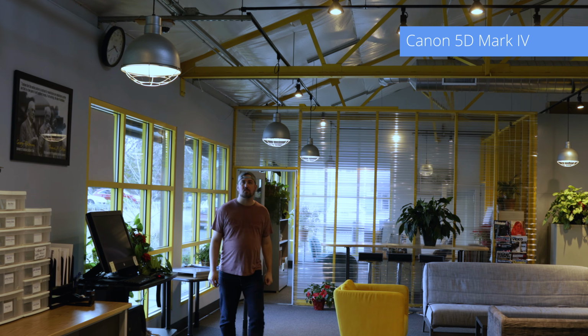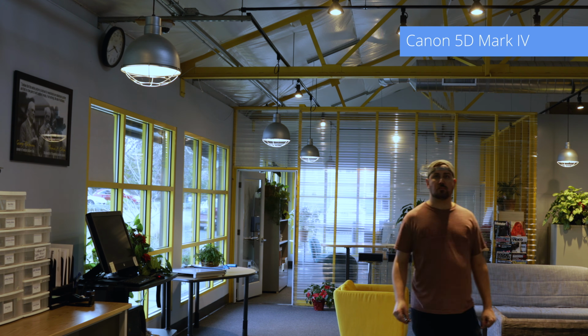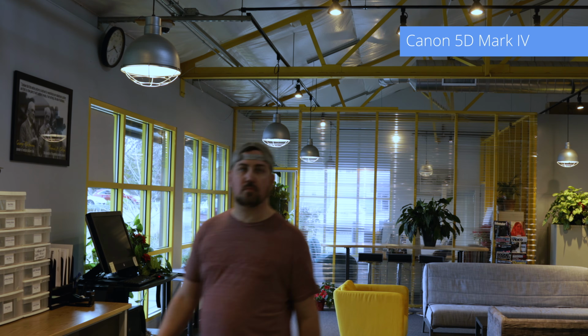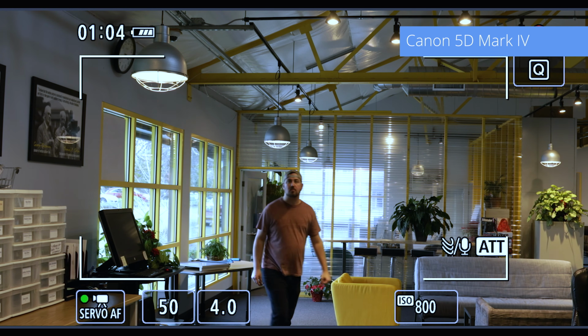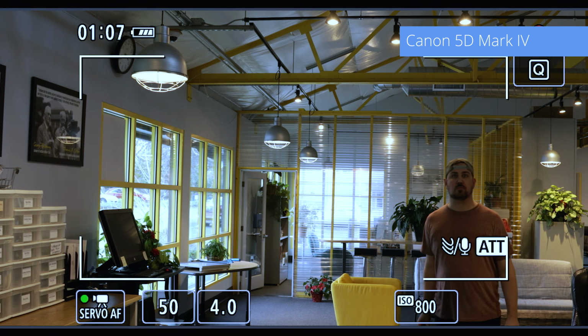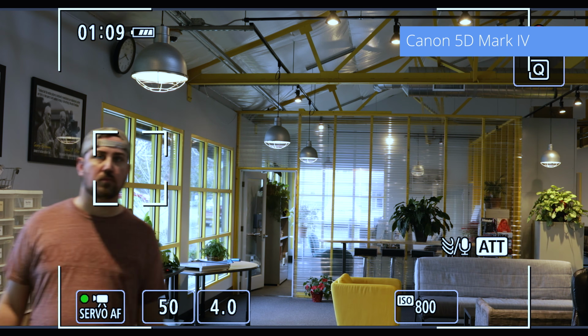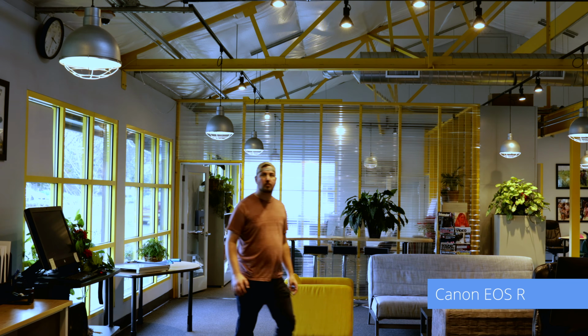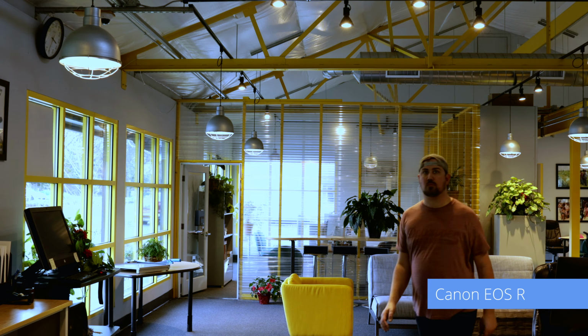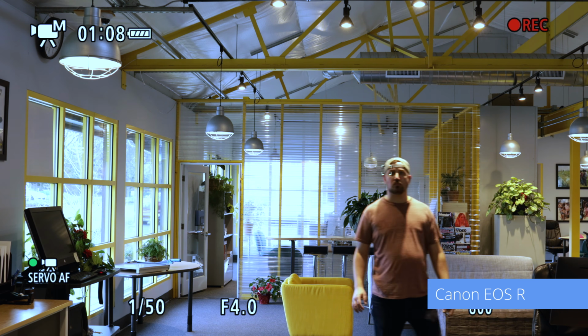Let's look at another shot, now with me zigzagging across the frame. First with the 5D Mark IV, now with the overlay, now with the EOS R, and with the overlay.